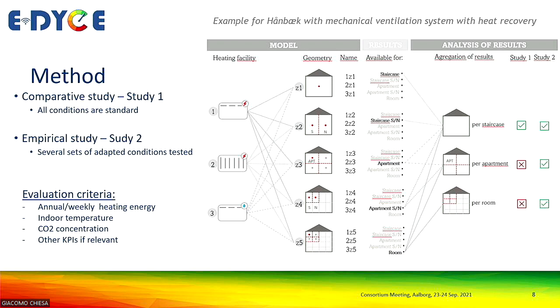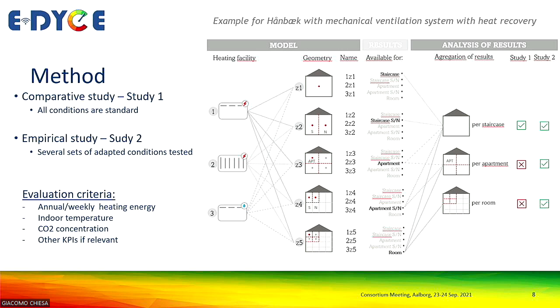This Z5 model can produce results with the resolution down to a room level, while the other more simple models can only produce the results at a building or a staircase level. In our study, we worked only with the staircase, so we are not modeling a whole building, but modeling one staircase. And depending on how you apply the boundary conditions, you can compare the results among the models and hopefully say something about what model performs best.